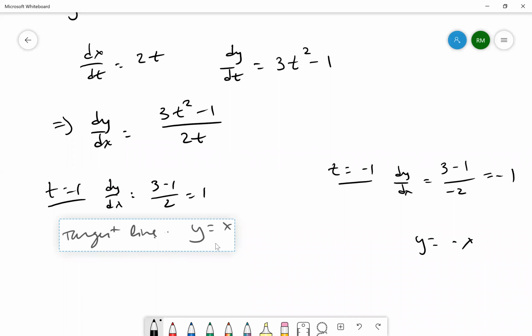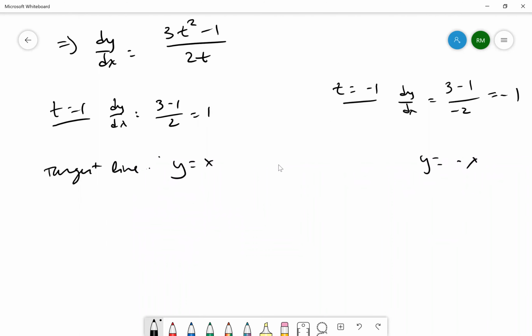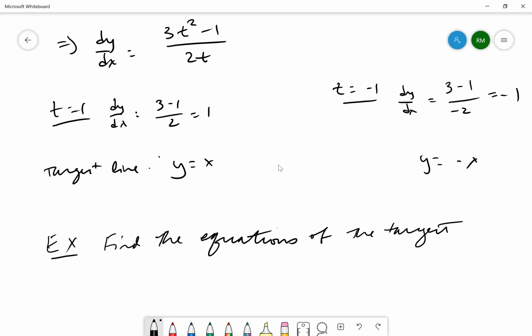All right. So an example for you to work is the following. I want you to find the equations of the tangent lines at the point where the curve crosses itself.